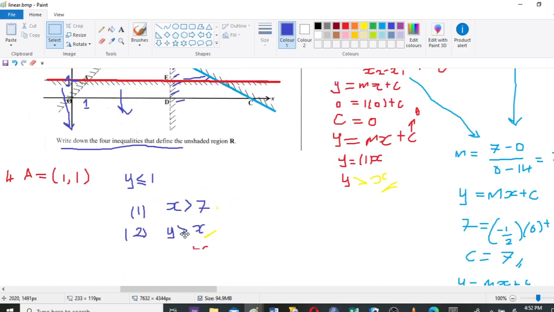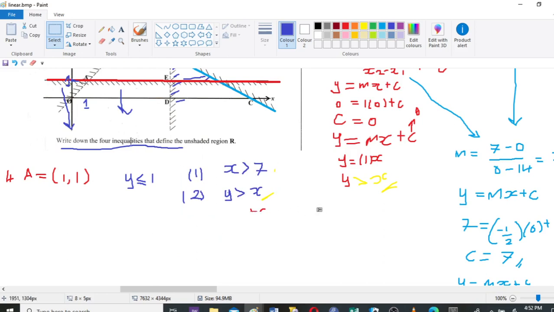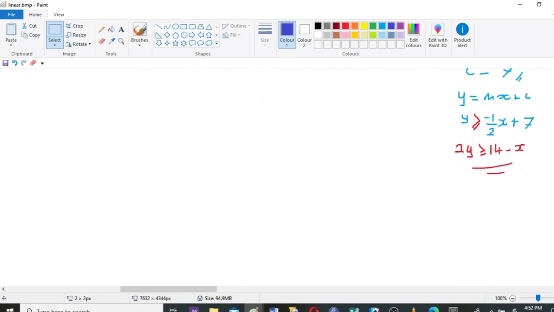This was the first one, there we have this one as the fourth one, and we got this one here.